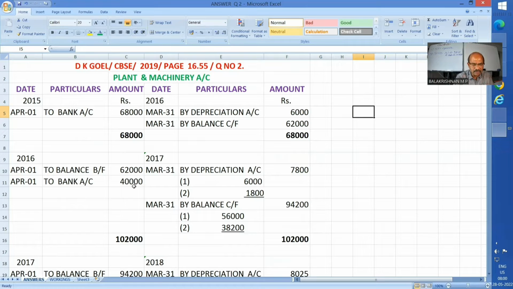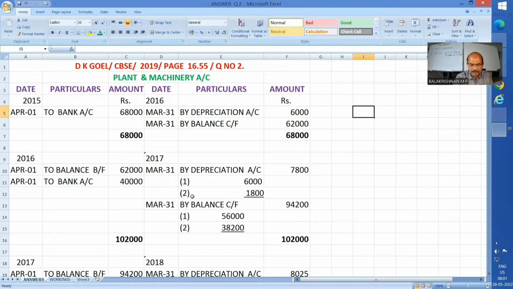Okay, on careful examination, I find there has been a purchase on the very first day. So to bank 40,000. Now depreciation. When there is more than one machine, we have to show everything machine wise. So by depreciation account, first machine 6,000, because we have already calculated that one year's depreciation is 6,000, and it being under the straight line method, it will be a consistent amount.